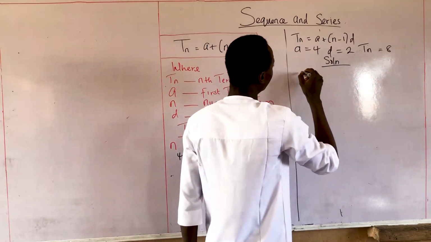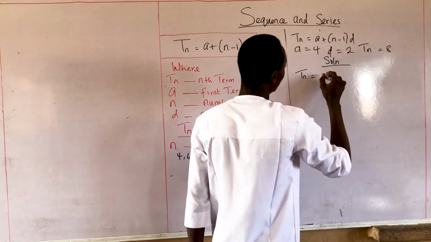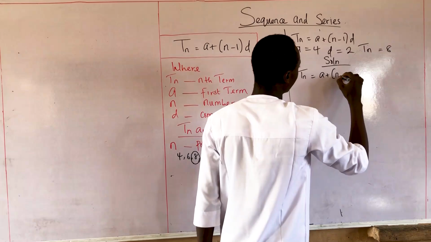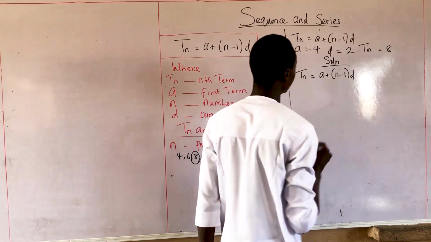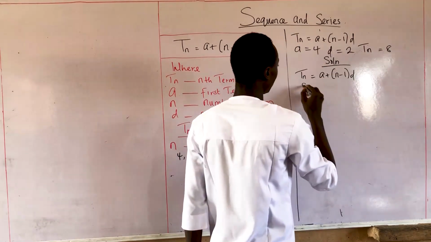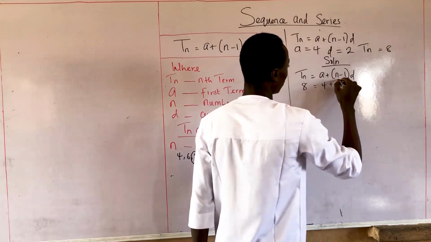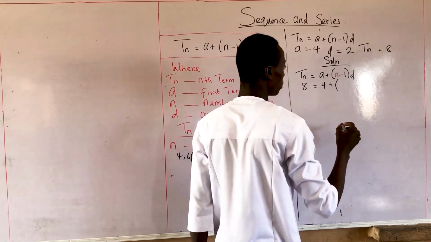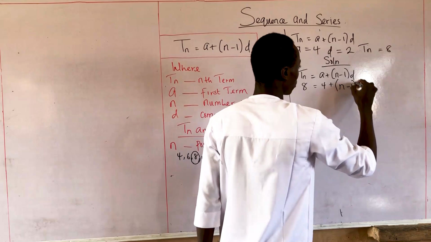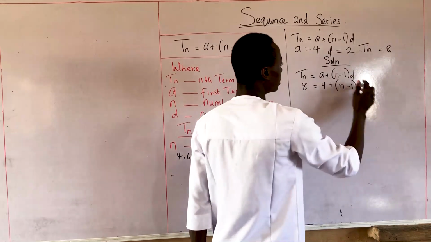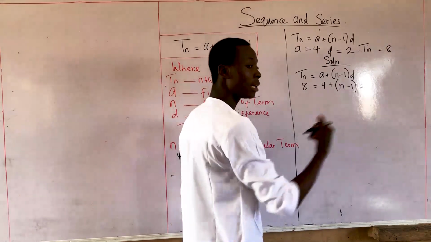So Tn, let me write the formula, is equals to a plus open bracket n minus 1 close bracket d. Our Tn is 8, right? Our first term is 4 plus, we are looking for n, that's the position, open bracket n minus 1 close bracket. What is our d? 2. Now let us simplify.